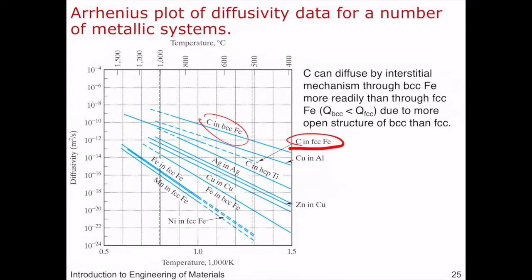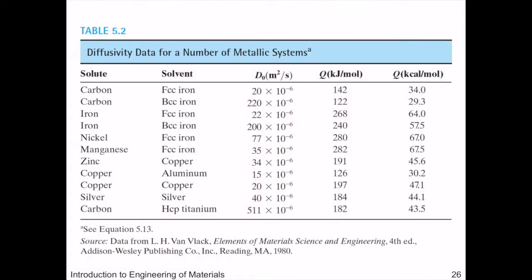And you could see that the Q, or activation energy, in BCC is less than that of FCC because BCC is a more open structure, and so it takes less energy to move through this structure of iron. And these values can be tabulated in a variety of databases that you'll find.